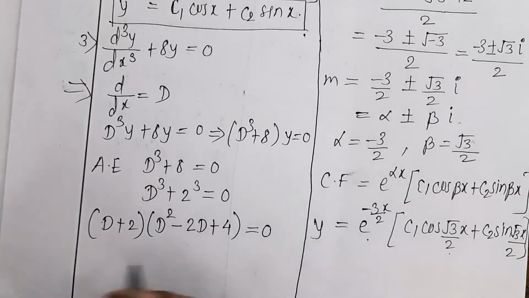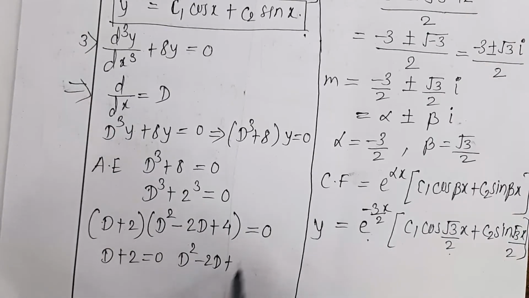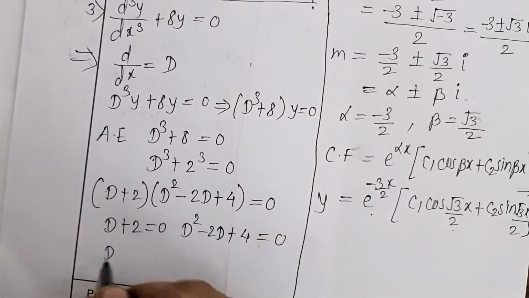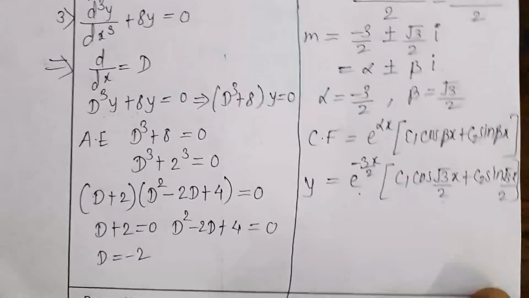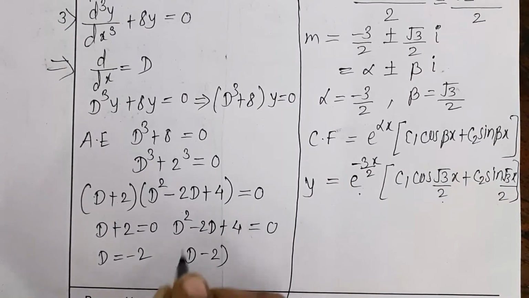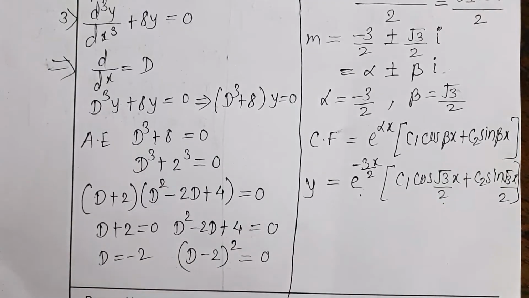Now equate each factor to 0: D plus 2 is equal to 0 and D square minus 2D plus 4 is equal to 0. So D is equal to minus 2, and for D square minus 2D plus 4, is it D minus 2 whole square is equal to 0?